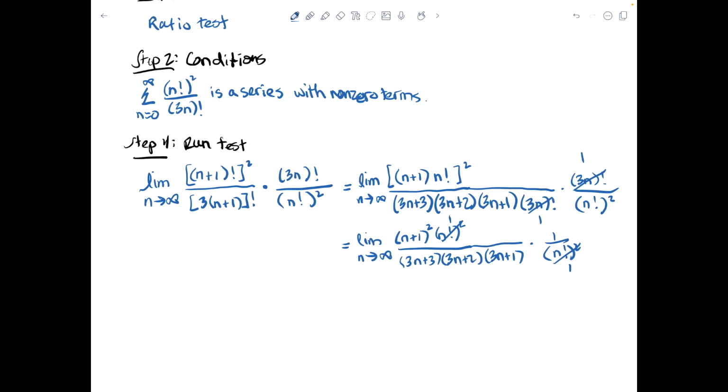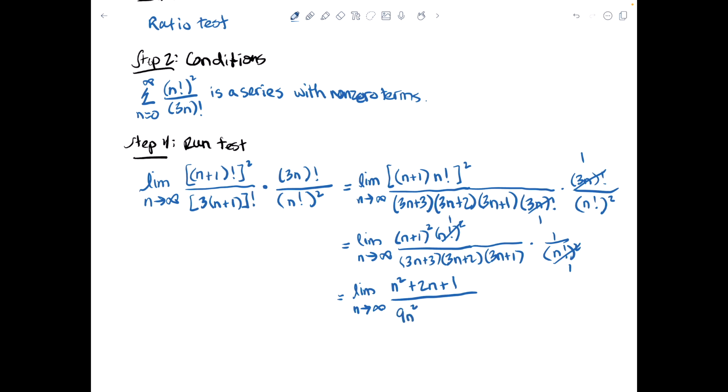And then we will have the limit as n approaches infinity of n squared plus 2n plus 1 over, so you might see that this is going to go to 0, but just in case your instructor wants it the long way, you'll have, multiplying the first two, we'll get 9n squared.